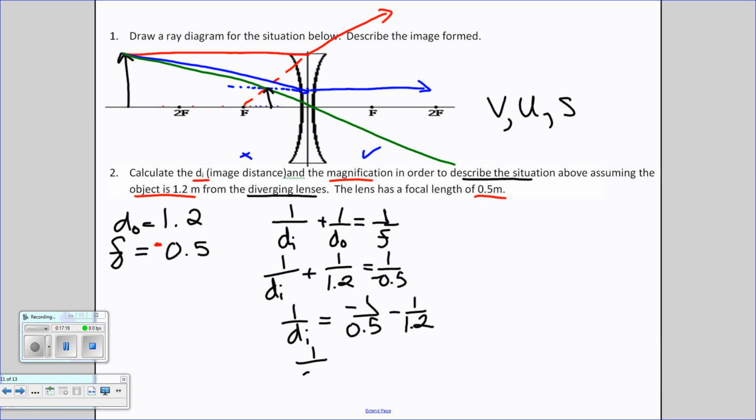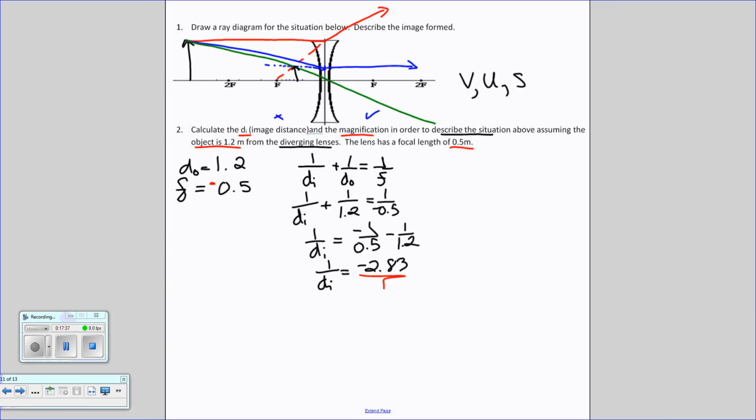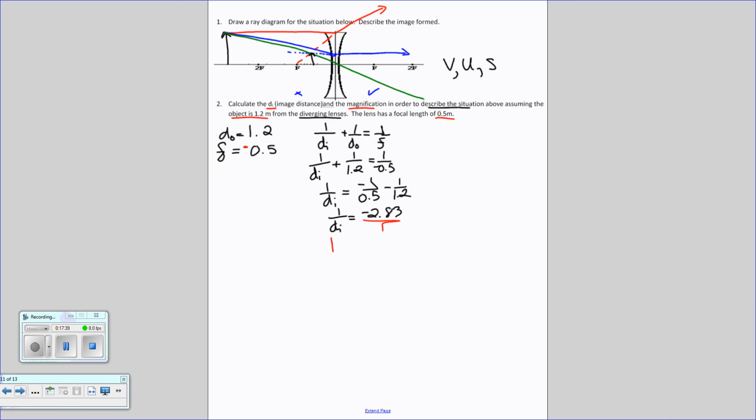And I get 1 over DI is equal to negative 2.83. But that's not where I'm done yet. I need to cross multiply, right? Or get DI on top, flip it, however you want to do it. And we get 1 is equal to DI, because 1 times 1 is equal to DI times negative 2.83.